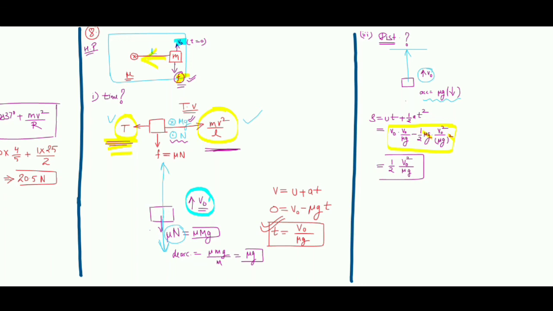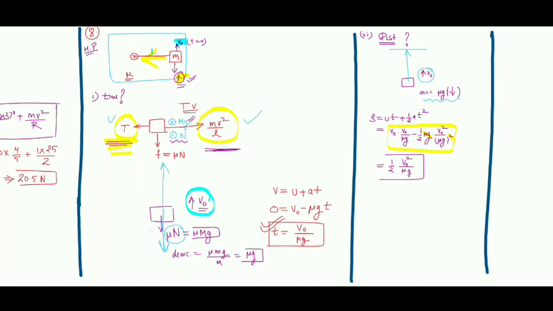So I will directly use the equation theta is equal to omega initial multiplied by t plus half of alpha t square, which is the equation corresponding to s is equal to ut plus half at square in circular motion format.